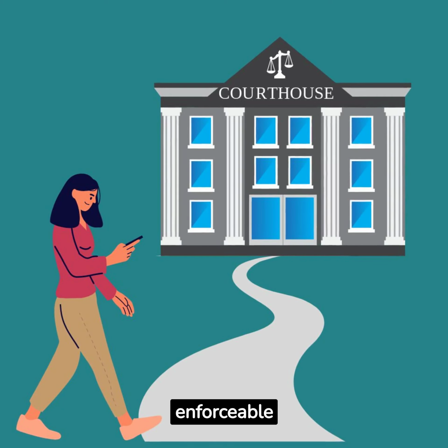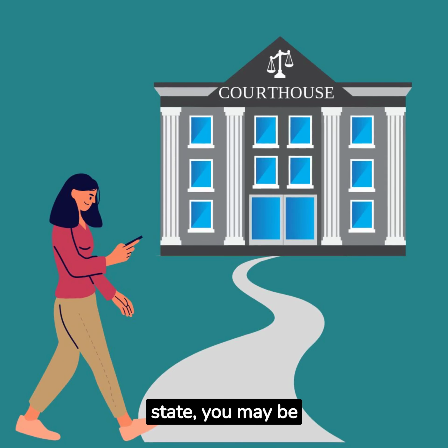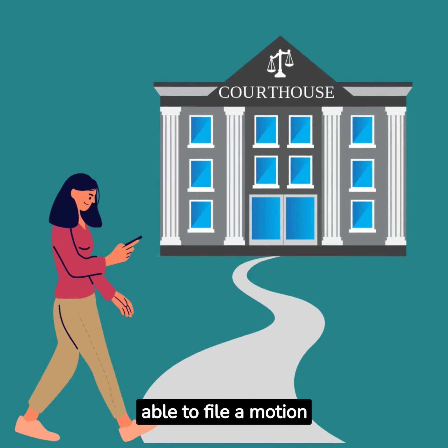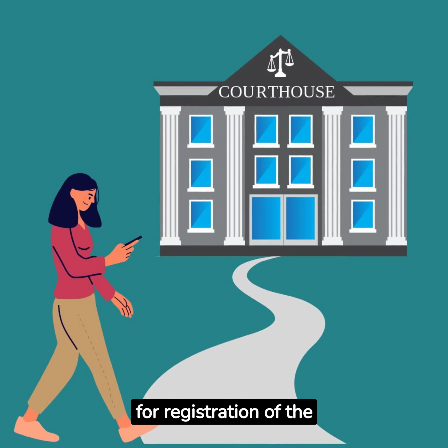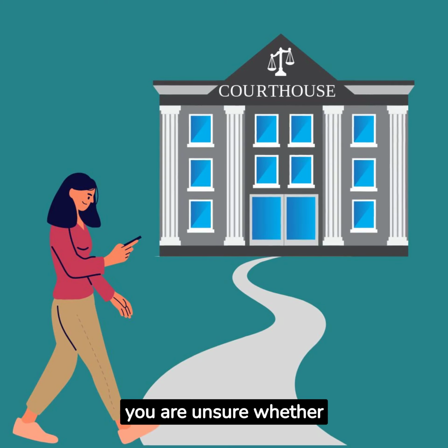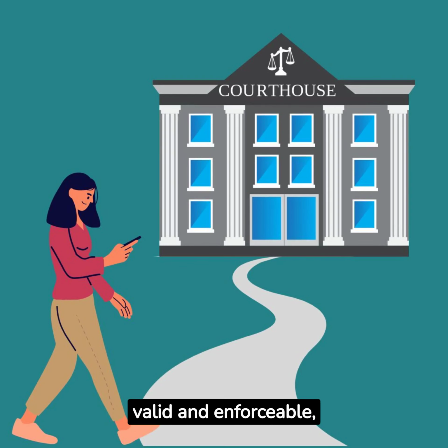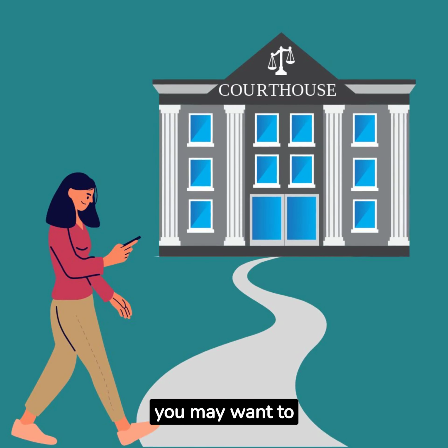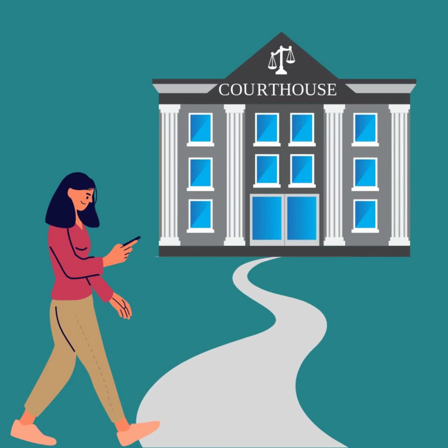If you have a valid and enforceable custody order from another state, you may be able to file a motion for registration of the order with a Louisiana court. If you are unsure whether your custody order is valid and enforceable, you may want to consult with an attorney.